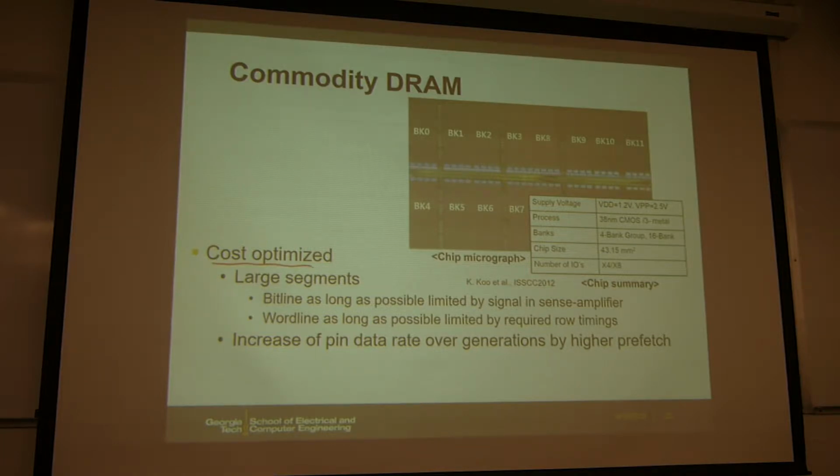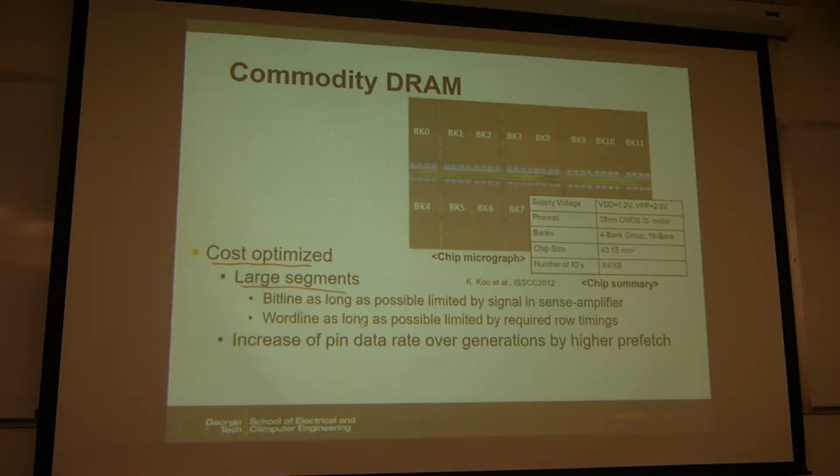Low cost is the priority. So if low cost is a priority, then the design will look for large segments. That means large mats. That means the bit line as long as possible, word line as long as possible. But of course, those will be limited by something, right?